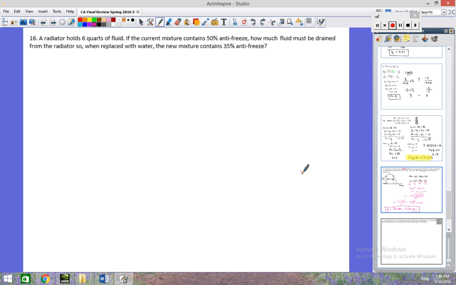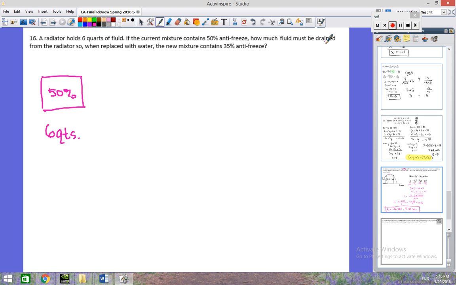So here is our mixture problems. We have a radiator. I like to draw pictures to help me understand the problem. This radiator is a fixed volume container. It holds 6 quarts. Now, the current mixture is 50% antifreeze.